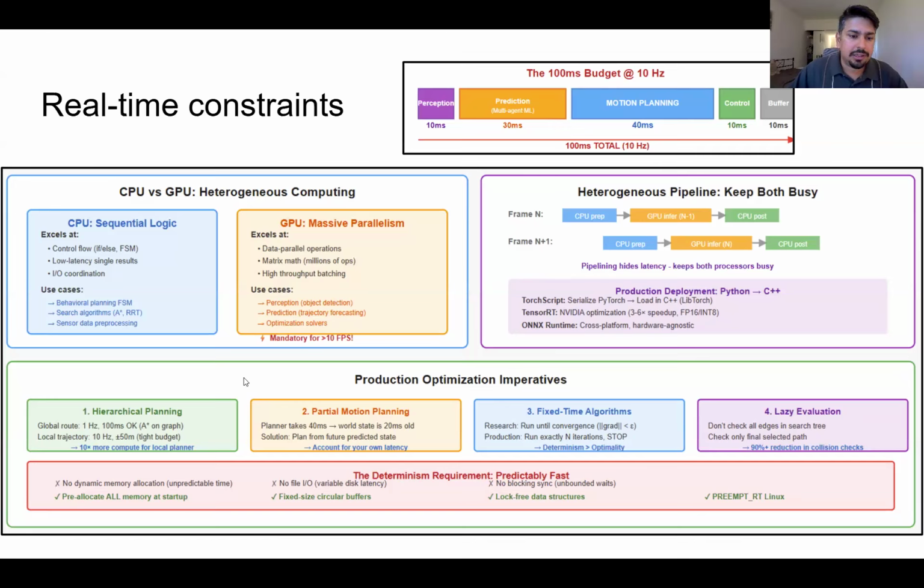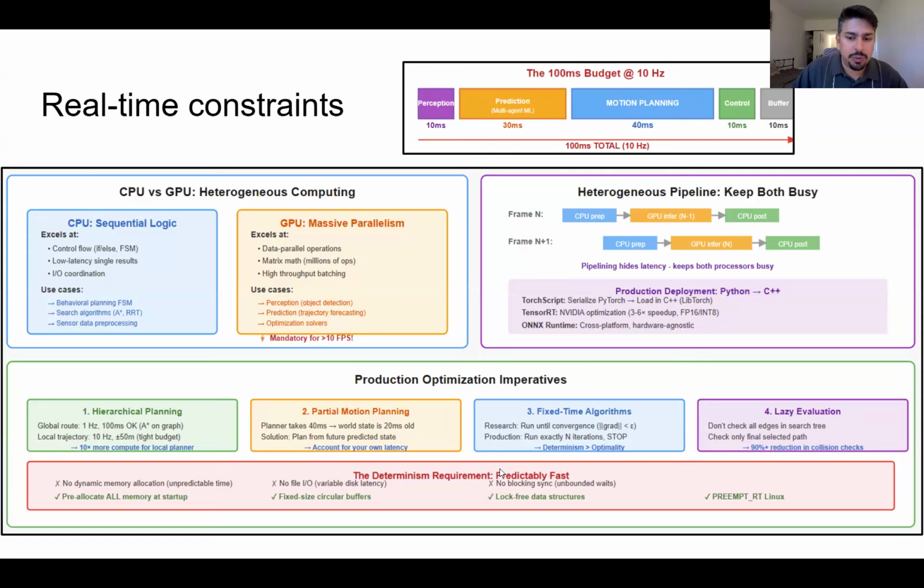Some other things we already touched on is hierarchical planning, where you run at a different rate for a global or a local planner. You can divide your problem such that you have more time for a particular part, and stricter time for the local planning.